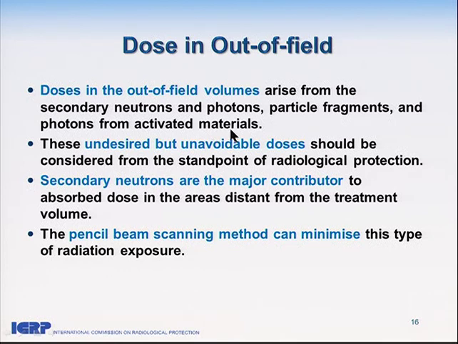These undesired but unavoidable doses should be considered from the standpoint of radiological protection. Among them, the secondary neutrons are the major contributor. And the pencil beam scanning method can minimize this type of radiation exposure. Therefore, we strongly recommend using the scanning beam system in your ion beam radiotherapy, either carbon ion or proton beam. This is essential.